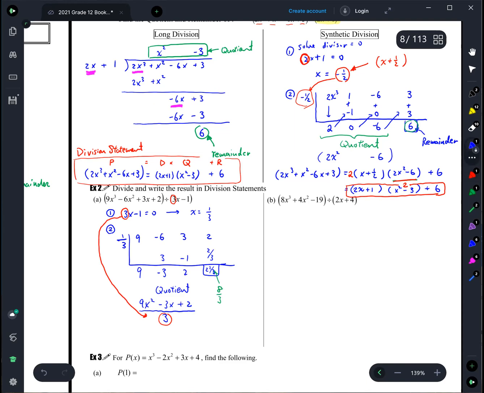So the real quotient should be 3x squared minus 1x plus 2/3. That's our quotient, because when you use 1/3 as your divisor, you are pretending your divisor is x minus 1/3.